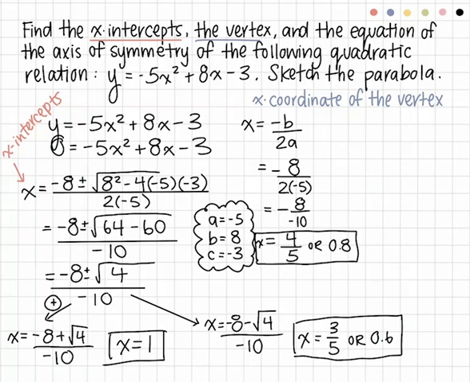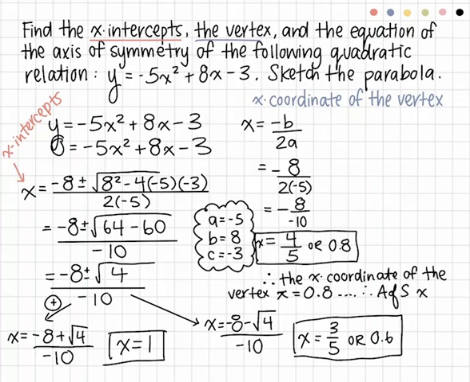That also happens to be the equation of the axis of symmetry, right? Because that's the x-coordinate of the vertex. Therefore the axis of symmetry is equal to 0.8 as well.